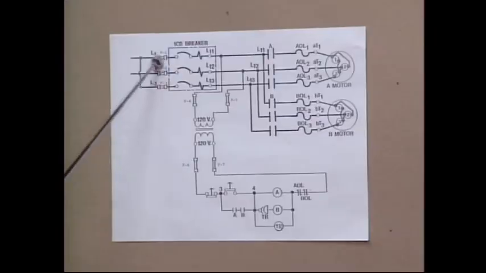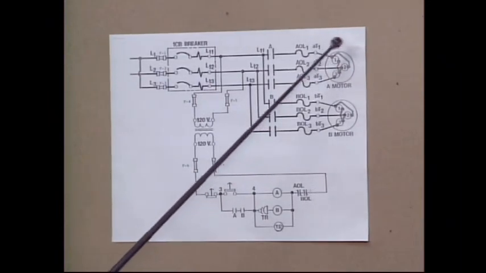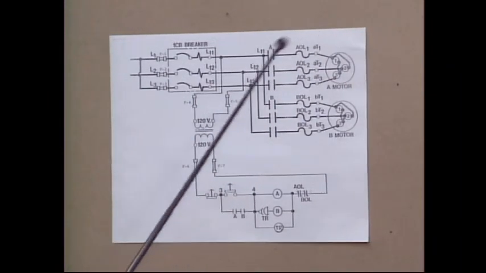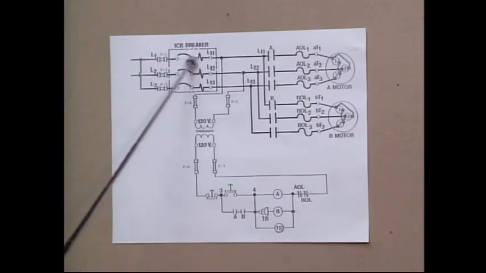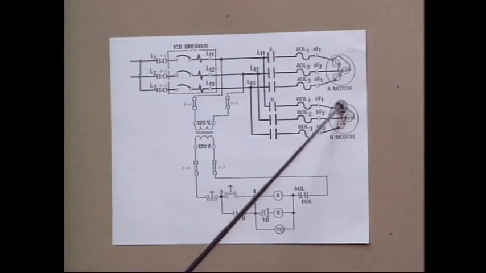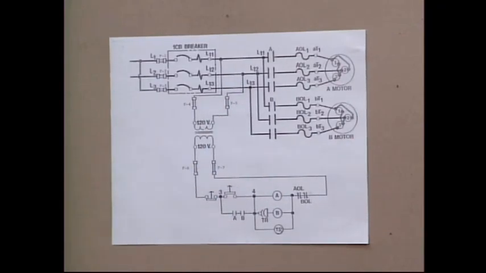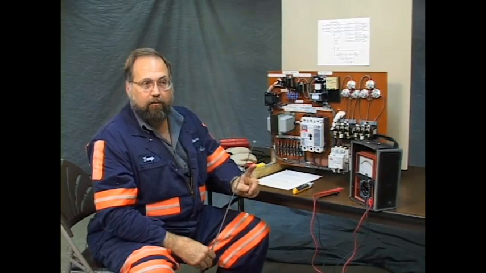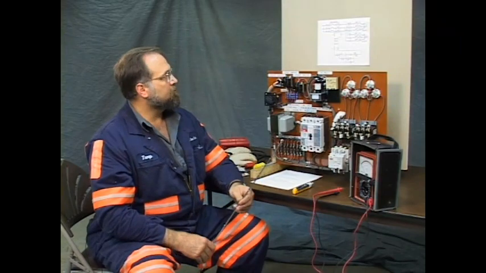And phase 1 goes to light 1 and light 2. If you follow phase 1 out, L1 to B motor from light 1 to light 2. That's 2 of your lights are lit by only one phase. The neutral, phase 2, is the neutral.